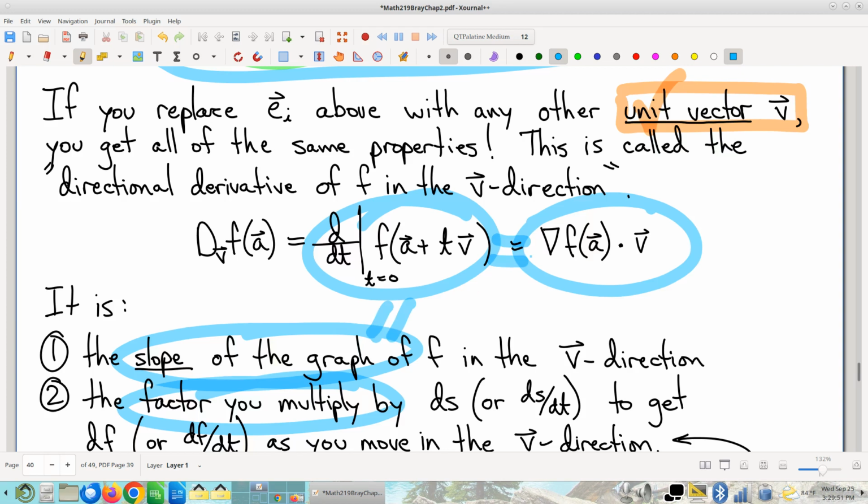Again, it's got to be a unit vector that you define which direction and the thing that you dot with, et cetera. But these four things are all equal to each other. And that's a cool fact. The fact that for any unit vector, all four of these things are always equal to each other. Wow, that's very cool. Things that are cool deserve a name and a notation.